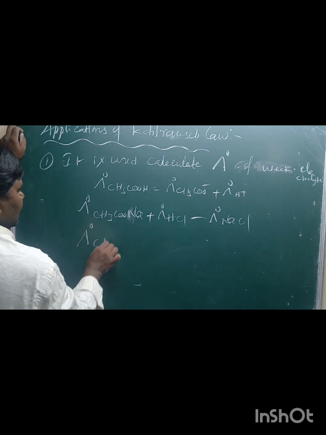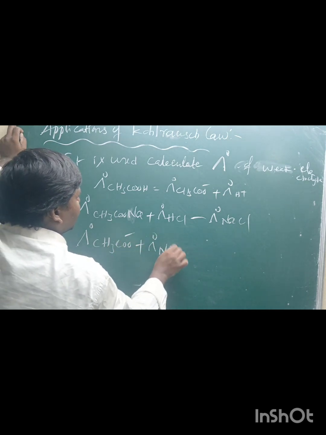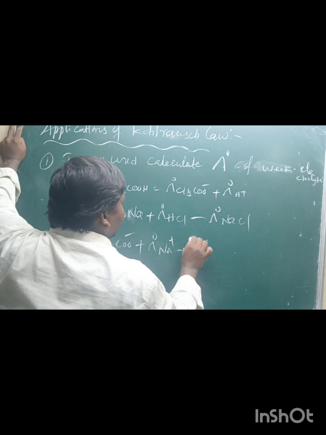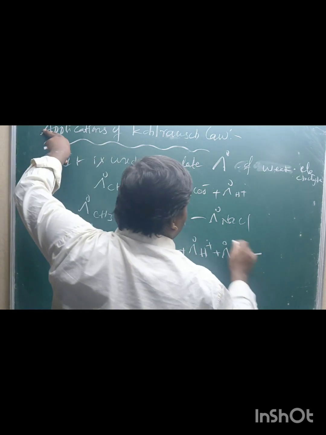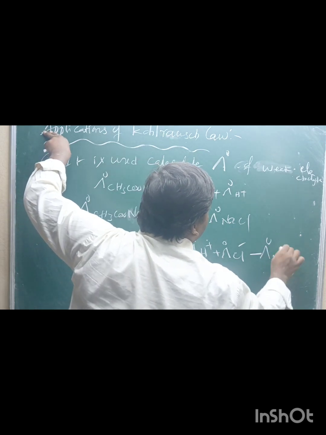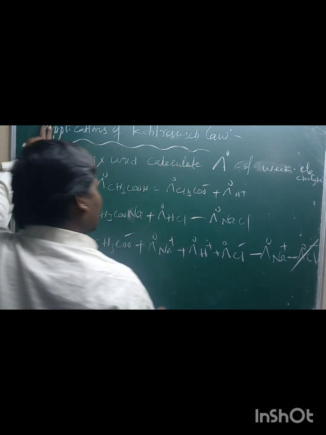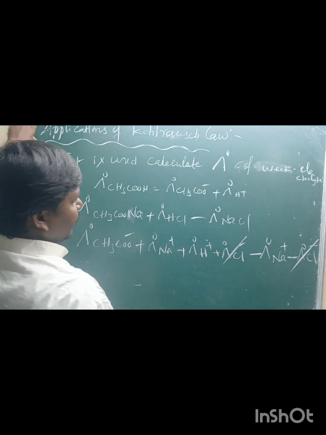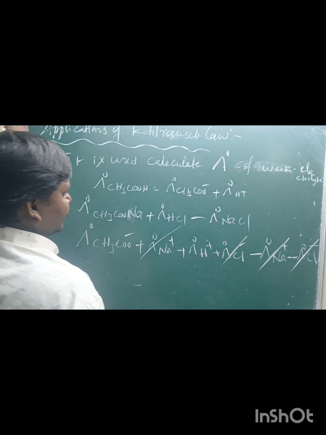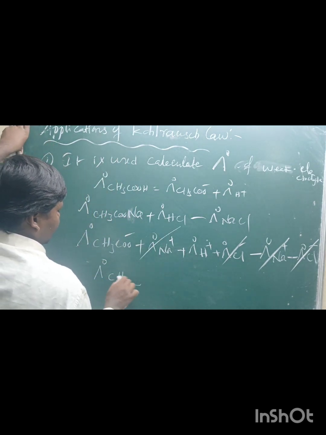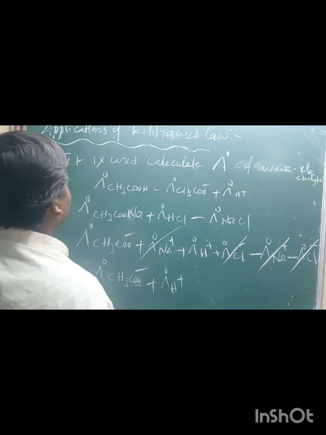Dissociating into ions: lambda naught CH3COO minus plus lambda naught Na plus, plus lambda naught H plus plus lambda naught Cl minus, minus lambda naught Na plus, minus lambda naught Cl minus. The Cl minus and Na plus get cancelled. Then finally lambda naught CH3COO minus plus lambda naught H plus.